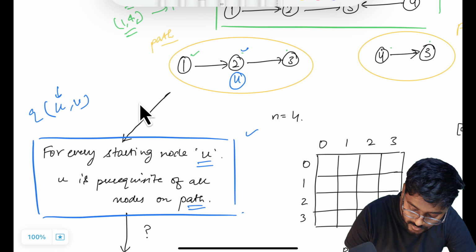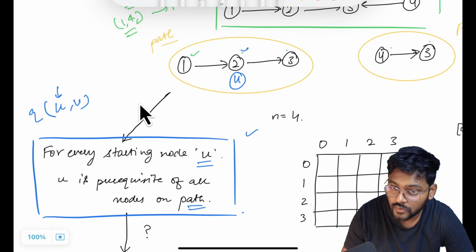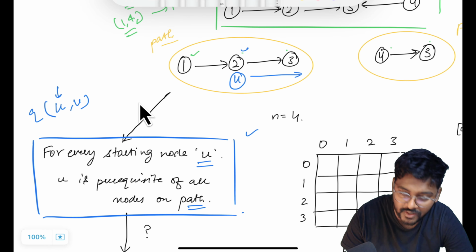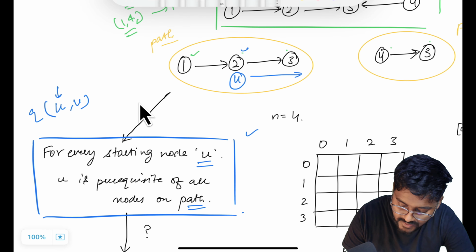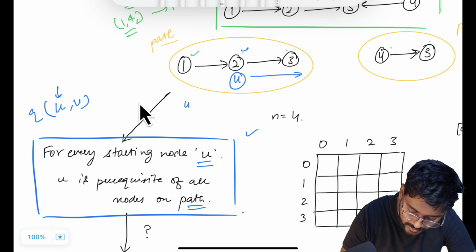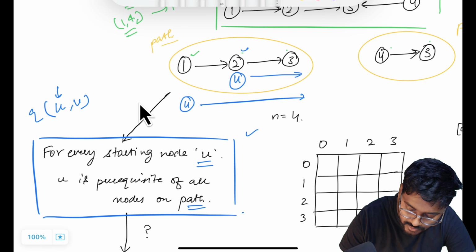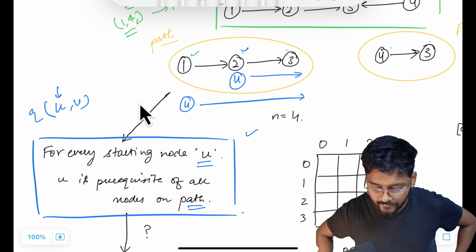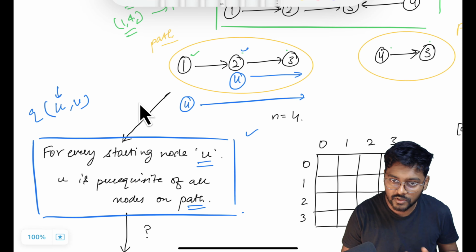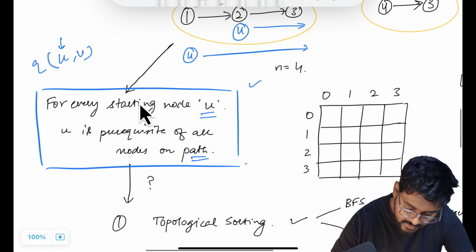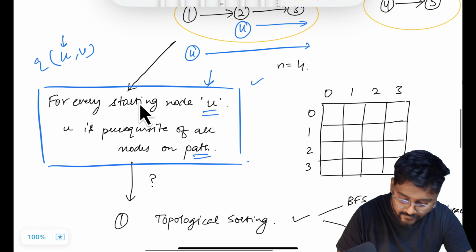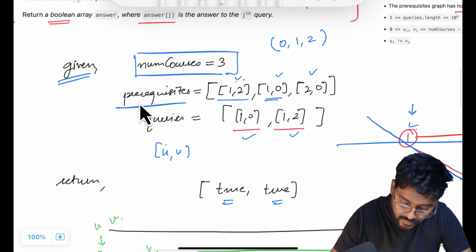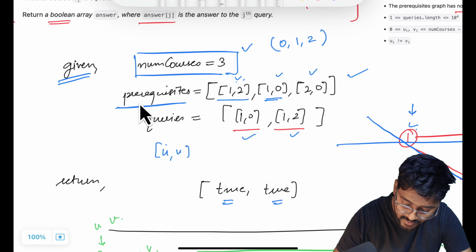Let's say u is 2. U is a prerequisite of all the nodes on its path. 2 has a path going in this direction. 1 is not on its path, so 2 is a prerequisite of 3. If 1 is u, then this is the path, 2 and 3. So u is a prerequisite of 2 and 3, or in short, 1 is a prerequisite of 2 and 3. This is something that we have to figure out. The problem statement given to us is the number of courses, a prerequisite array, and queries.